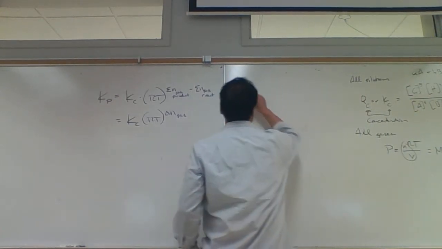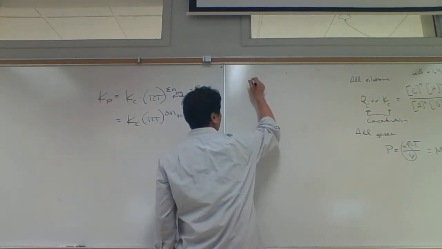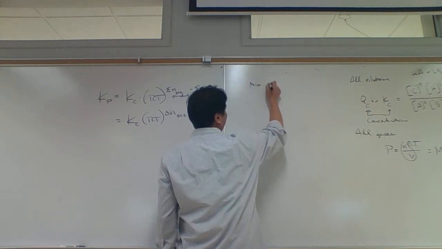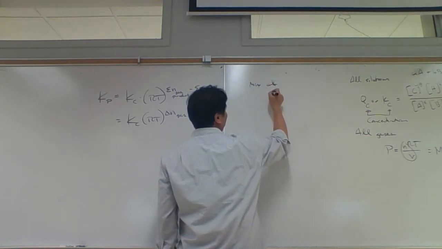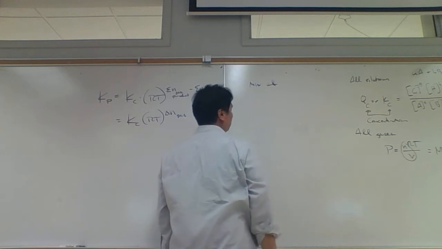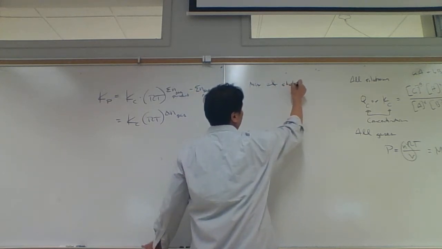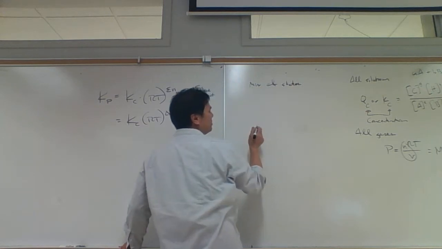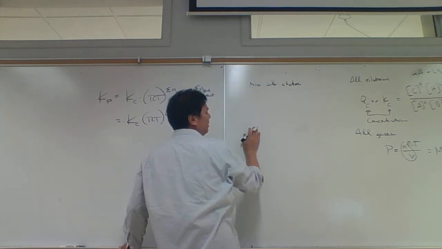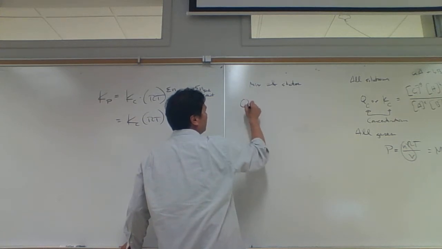Then what do we have when we have a heterogeneous mixture? And so if we have a mix of states, then we have to use something called KEQ or QEQ.